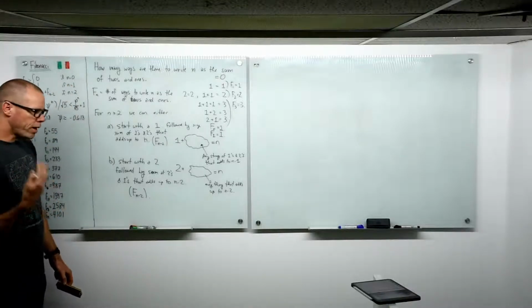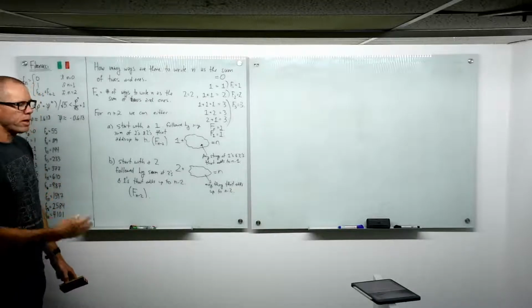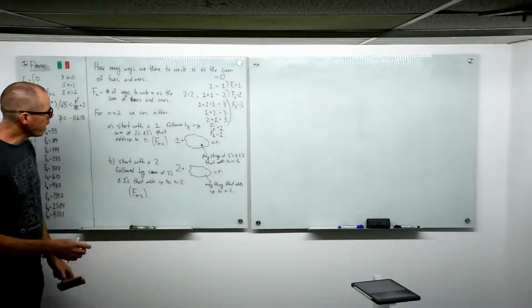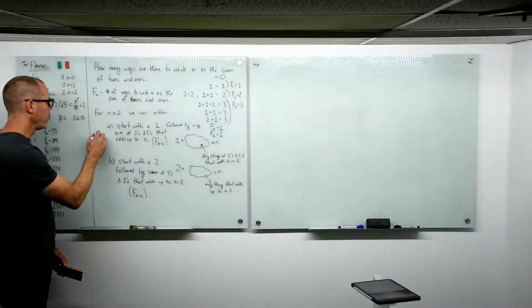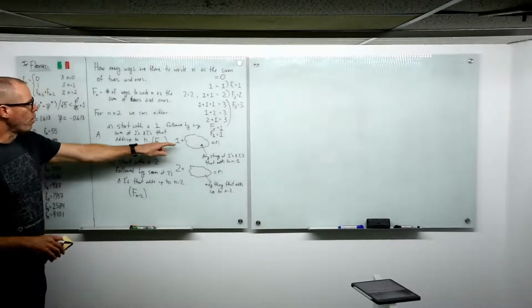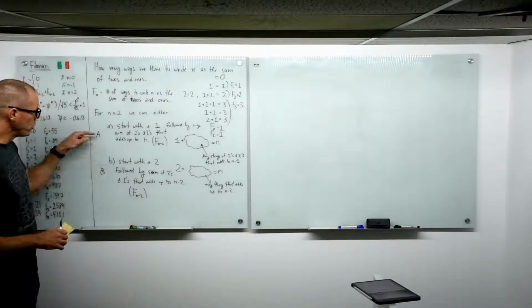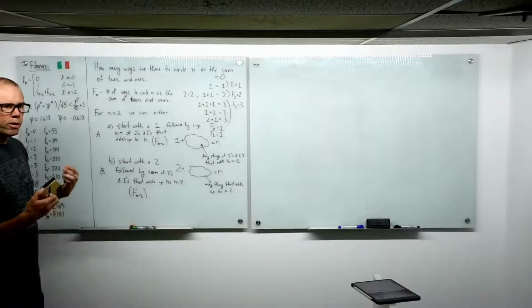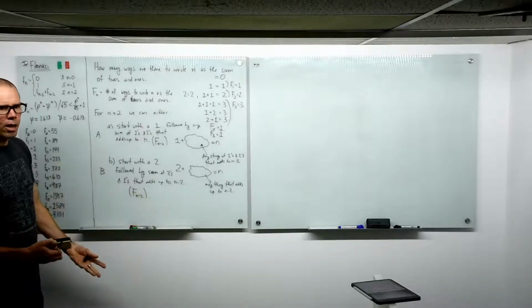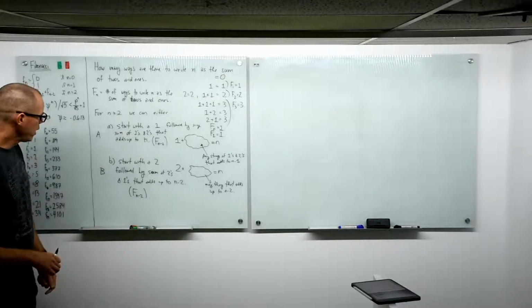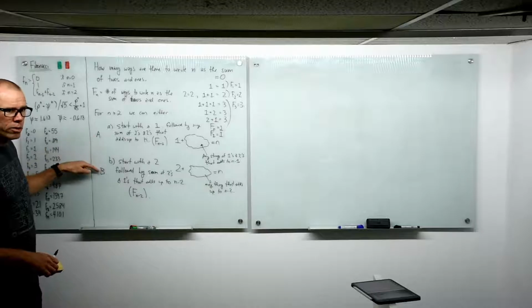And so we're trying to determine the size of some set, S, which is the set of all strings of 1s and 2s that add up to n. And we split it into two parts, A, which is those strings that start with a 1, and B, which is those strings that start with a 2. Those two parts are disjoint, right? A string either starts with a 1 or it starts with a 2. It can't start with both. So that means the size of our set is the sum of the sizes of these two sets.